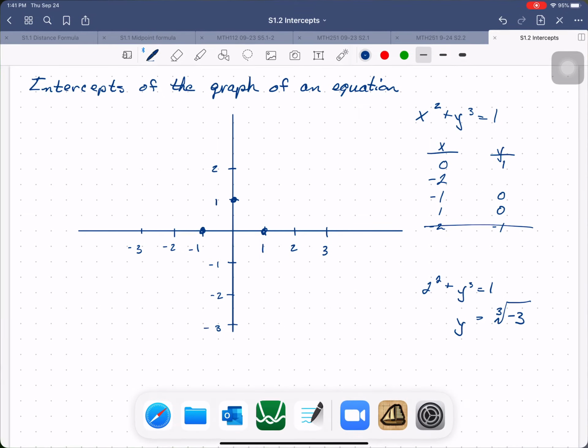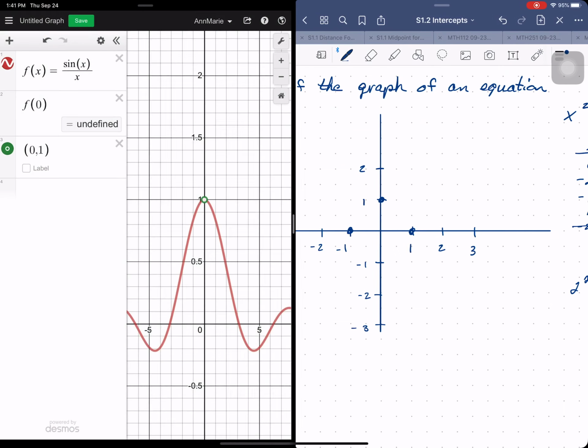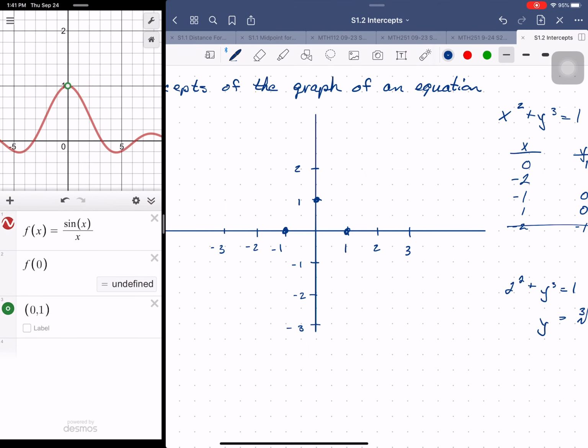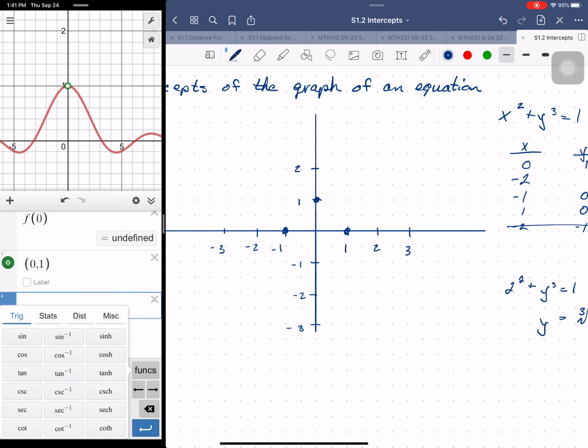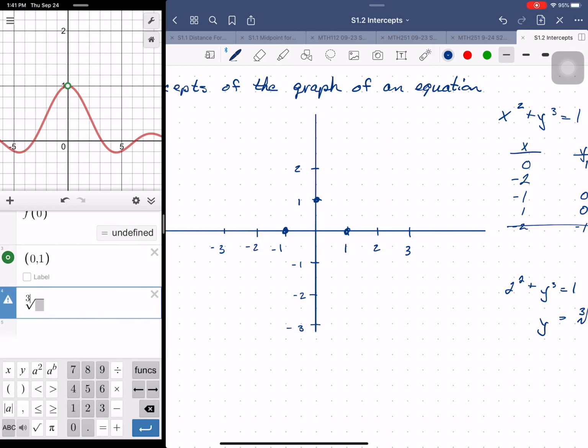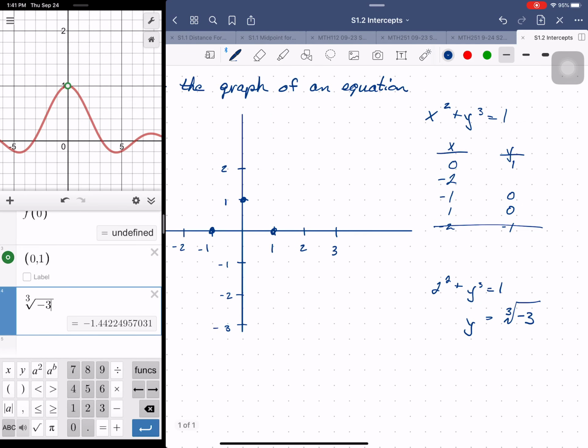We could figure out that decimal. Desmos can do that. And we get negative 1.44. So this is approximately negative 1.44.